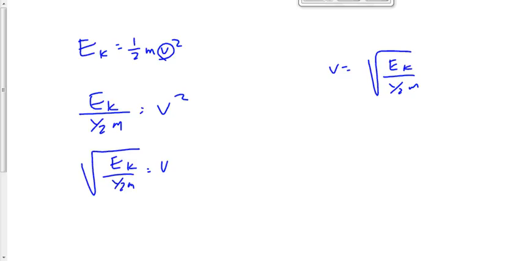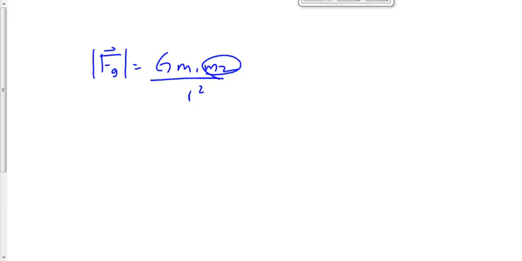Let's take a look at another example. Here's another one that you've never seen before. You'll see it later on this year. FG is equal to G M1 M2 over R squared. Solve for M2. Rule 1, get rid of what's not attached. Is there anything not attached here? It's all attached, so rule number 1 is done. Rule number 2, get rid of what is attached.